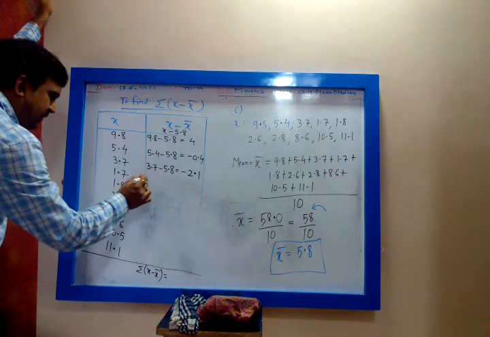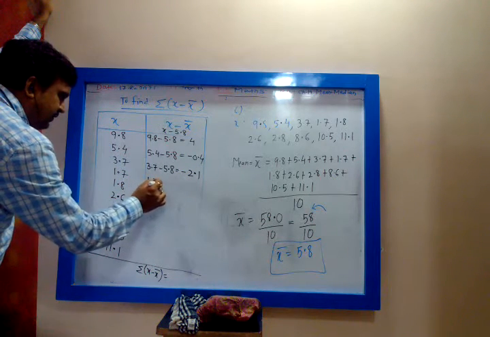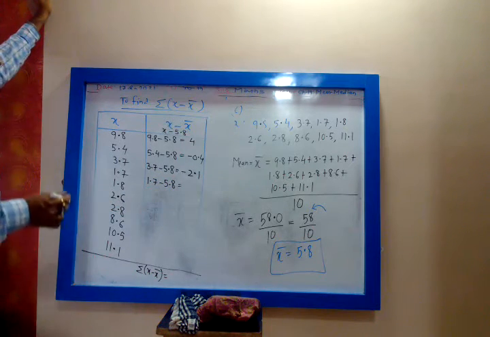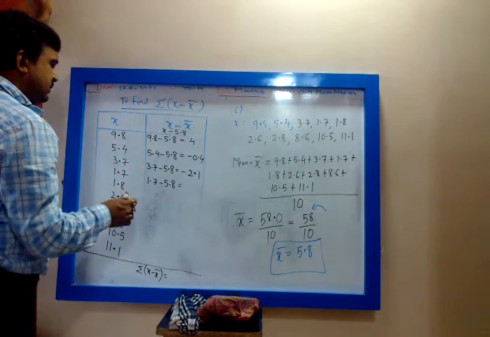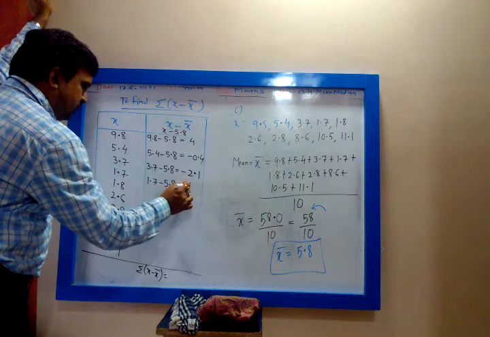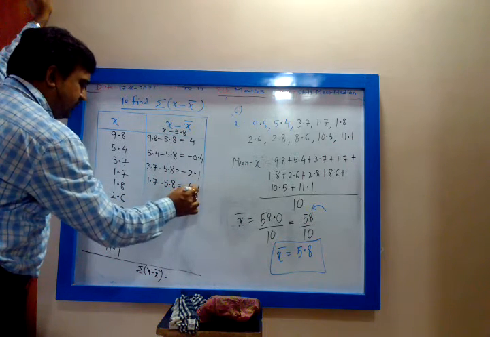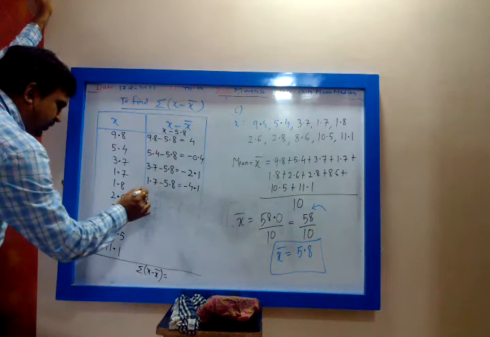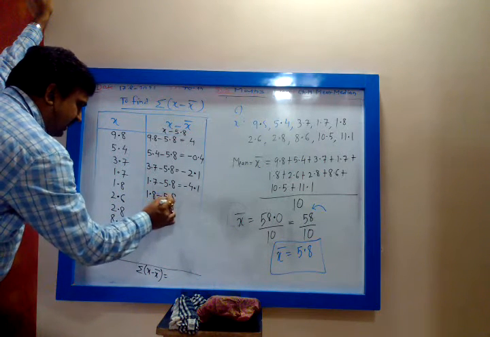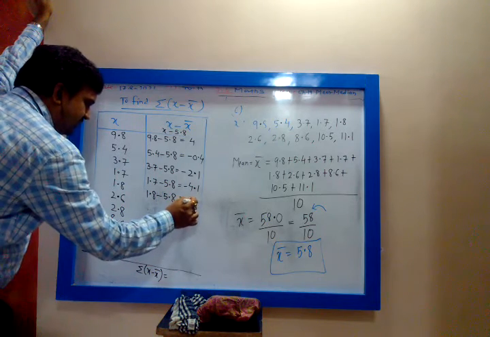Next 1.7 minus 5.8. Yes, you can directly write it, but I have to show the calculation. This is minus 4.1. Then 1.8 minus 5.8. The answer will be minus 4. Correct?